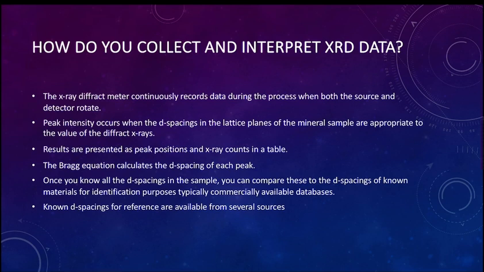Results are presented as peak positions and X-ray counts in a table. Bragg's equation calculates the d-spacing of each peak. Once you know all the d-spacings in the sample, you can compare them to those of known materials for identification purposes, typically using commercially available databases. Known d-spacings for reference are available from many sources.